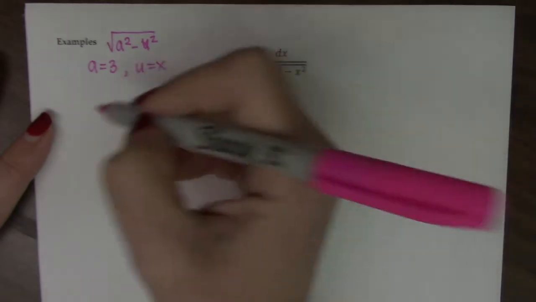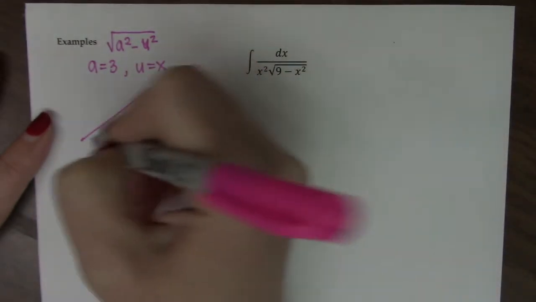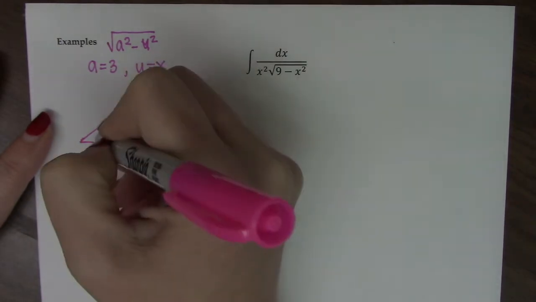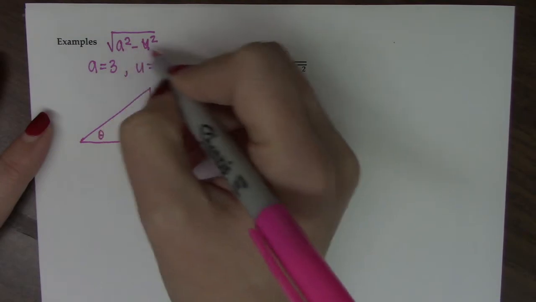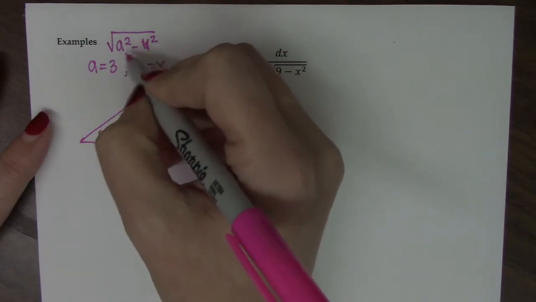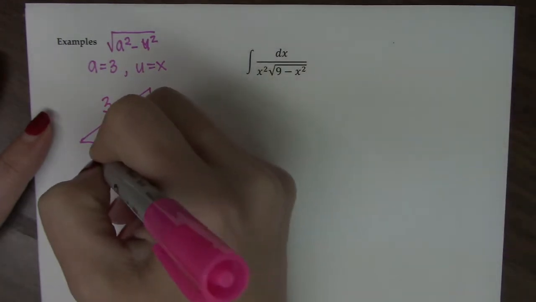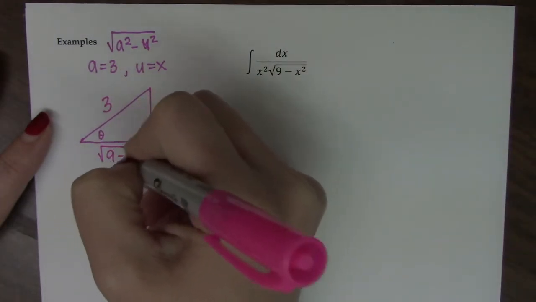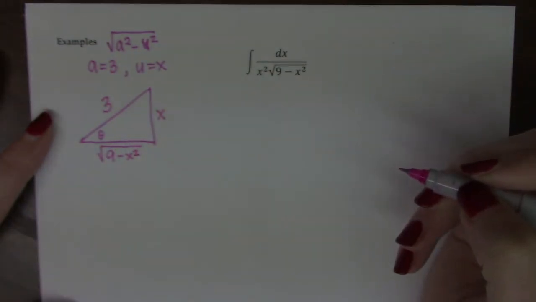So let's set up our triangle. Theta is always the bottom left corner. This is a minus case, so this is the hypotenuse. So 3 goes here, the radical itself goes on the base, and the height of our triangle is x.